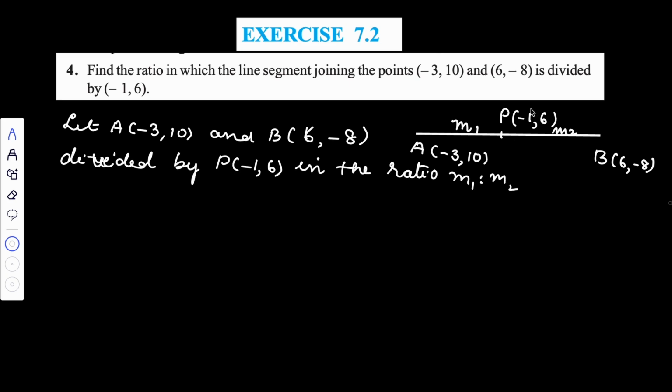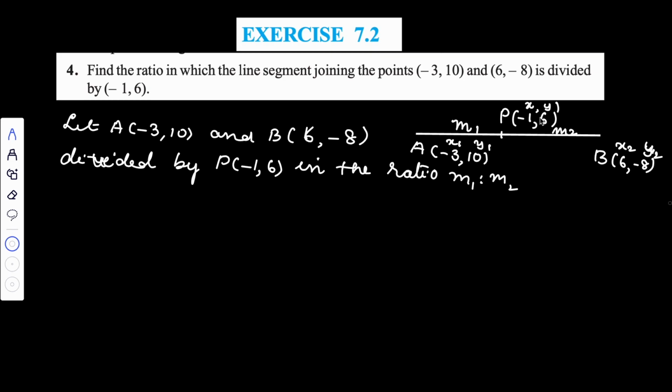Now here P (-1, 6), this is x and y. Here -3 is x1, 10 is y1. This is x2 and this one is y2, -8 is y2.